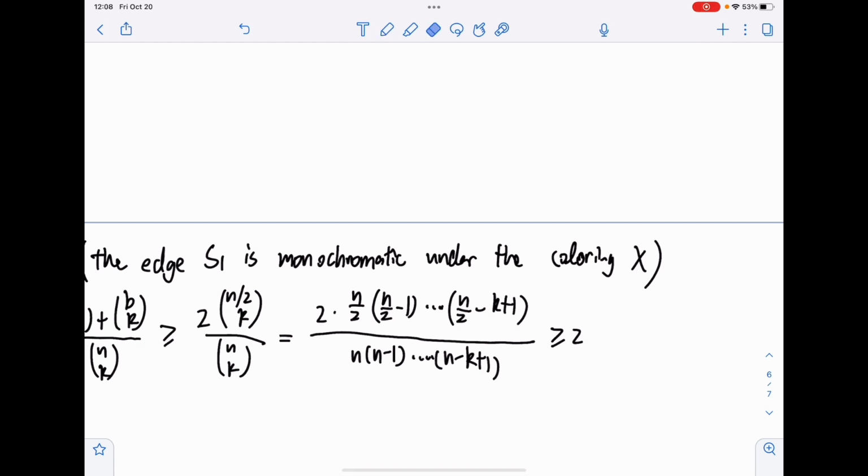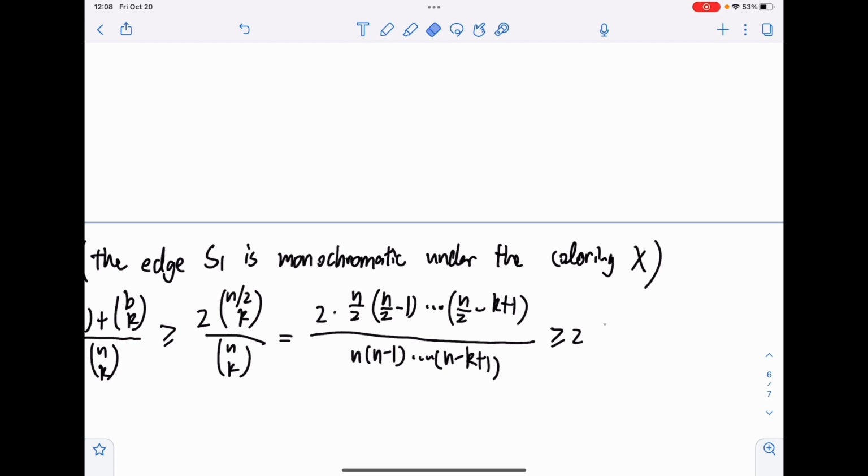If chi colors A vertices with one color and B vertices with the other color, then I write it here: the probability of edge Si being monochromatic under the coloring.